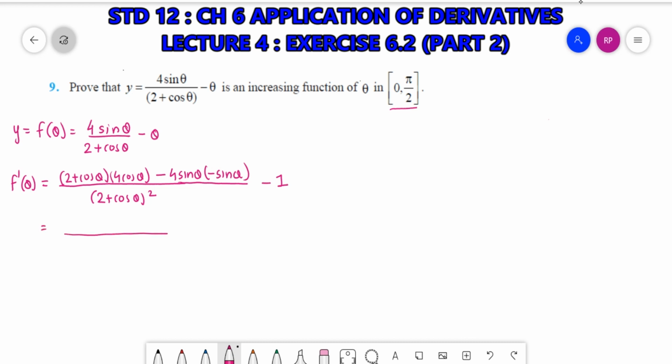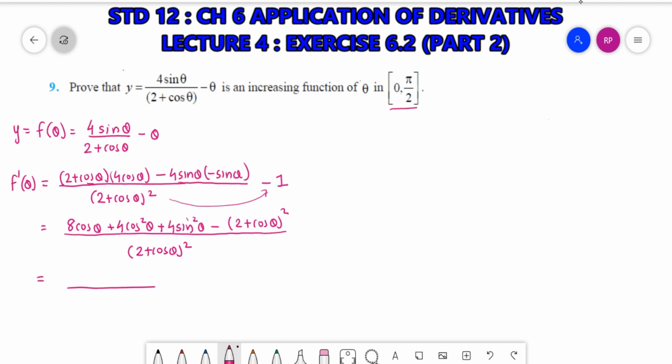So now taking LCM, 2 plus cos theta whole square. Now 2 into 4 cos theta, 8 cos theta. Cos theta into 4 cos theta, 4 cos square theta. Okay, minus 4 sin theta into minus sin theta, minus minus plus, 4 sin square theta, minus 2 plus cos theta whole square. Okay, I have taken LCM, so I have multiplied it by 1.